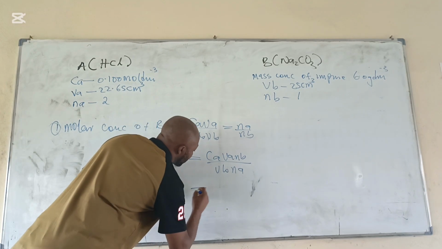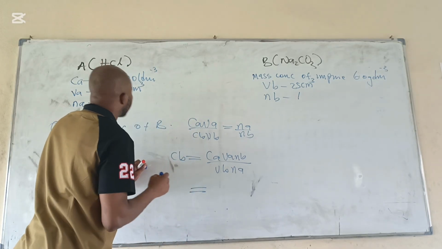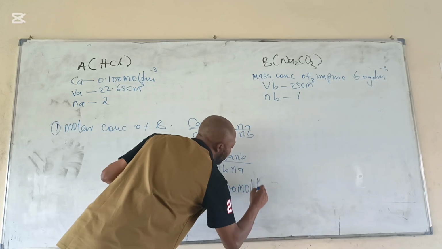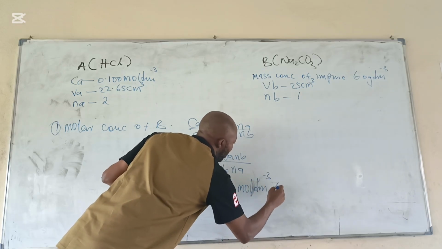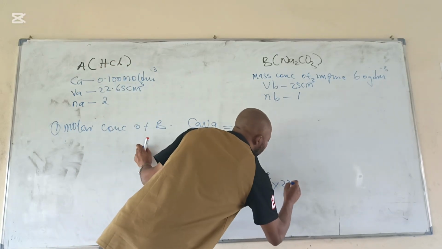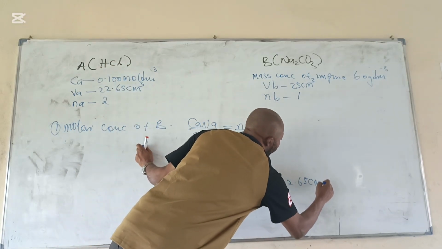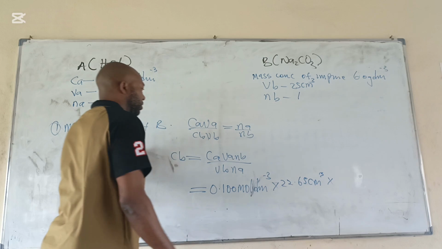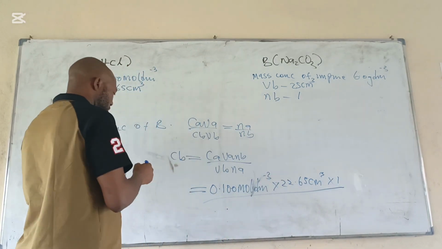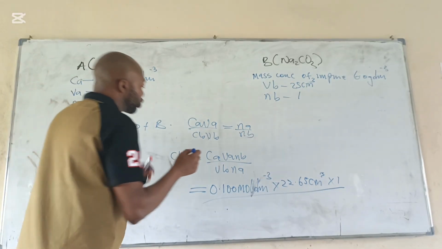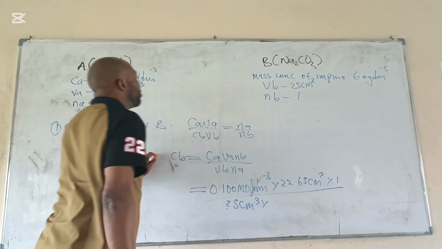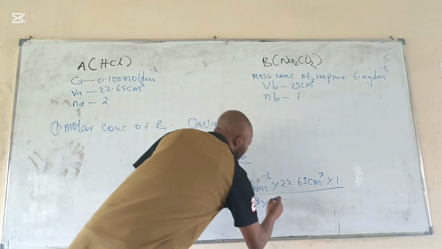This is equal to CA, 0.100 mole per dm cube, times VA, the volume of the acid, 22.65 cm cube, times the number of moles of the base, 1, all over the volume of the base, 25, times the number of moles of the acid, 2.